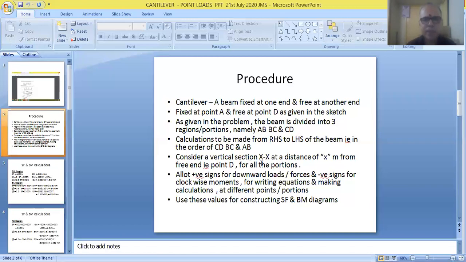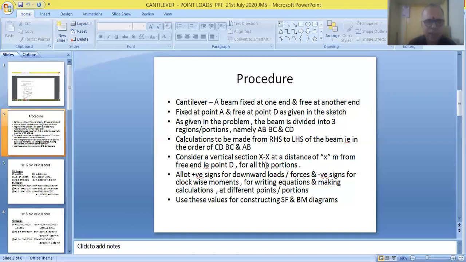And considering vertical sections, that is very, very important. In each and every portion, a vertical section XX is considered at a distance of X meter from point D. That means at a distance of X meter from the free end of the beam.